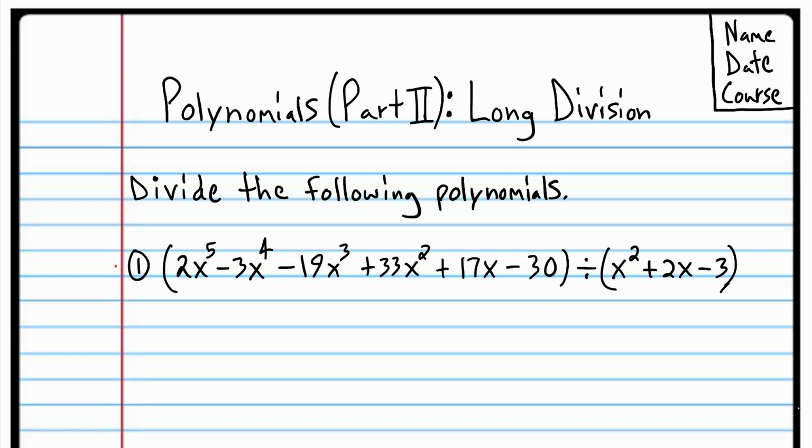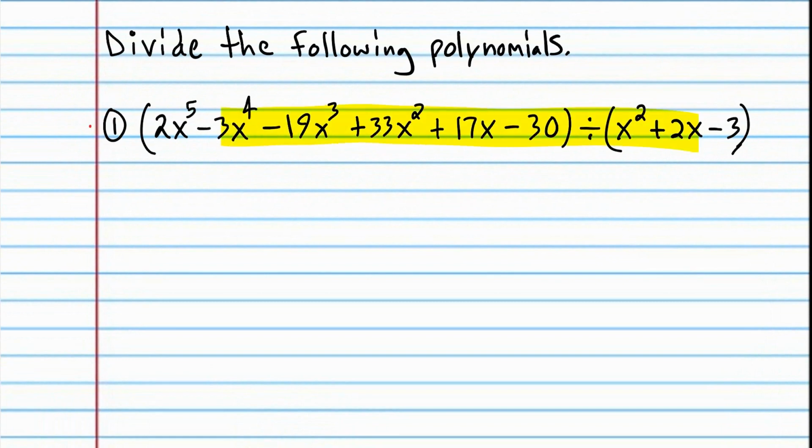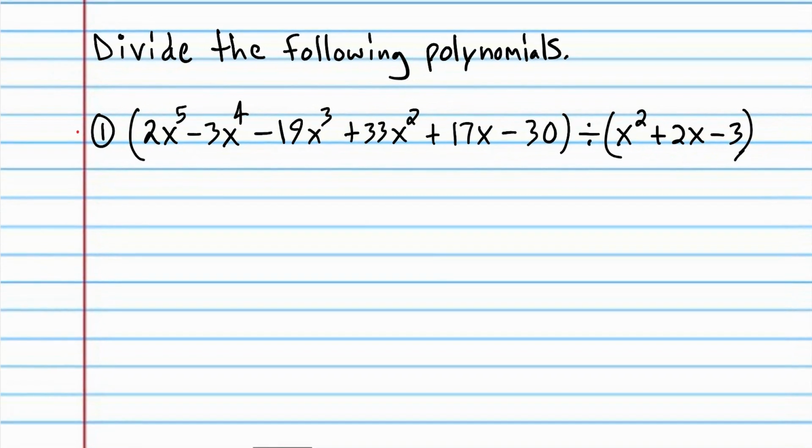As I mentioned in the previous class, we're going to use long division with polynomials. So let's get started here. The process is pretty much the same as with arithmetic division, where you're not using letters. Again, we learned this in my arithmetic course.